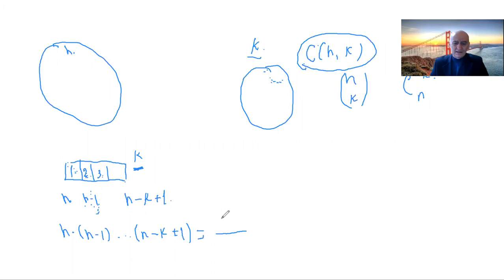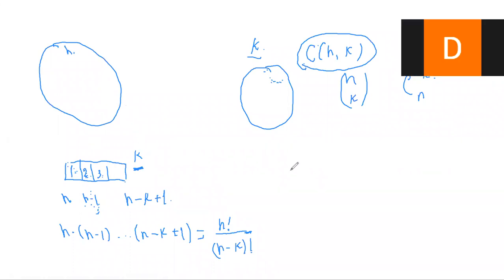So I will write it as n factorial divided by n minus k factorial. Please look very carefully and tell me if you agree or not.